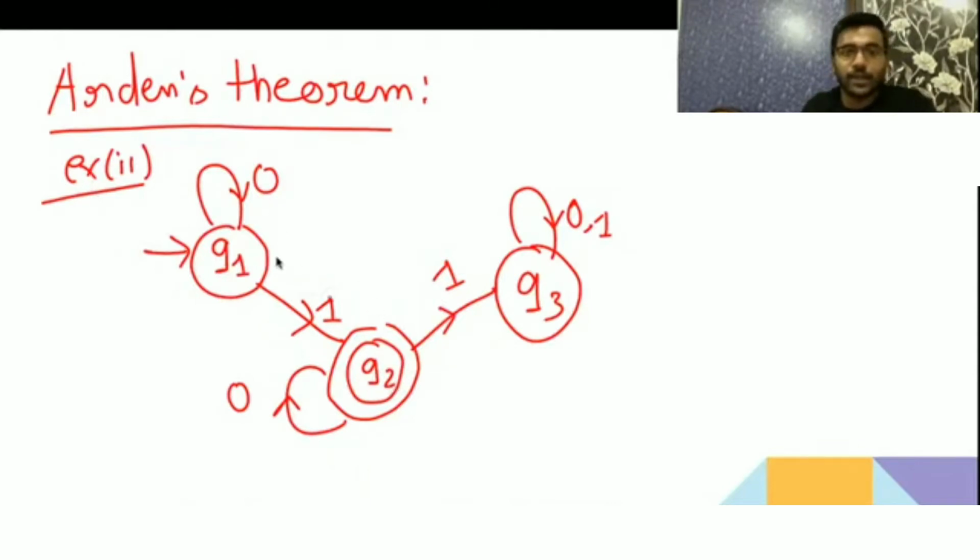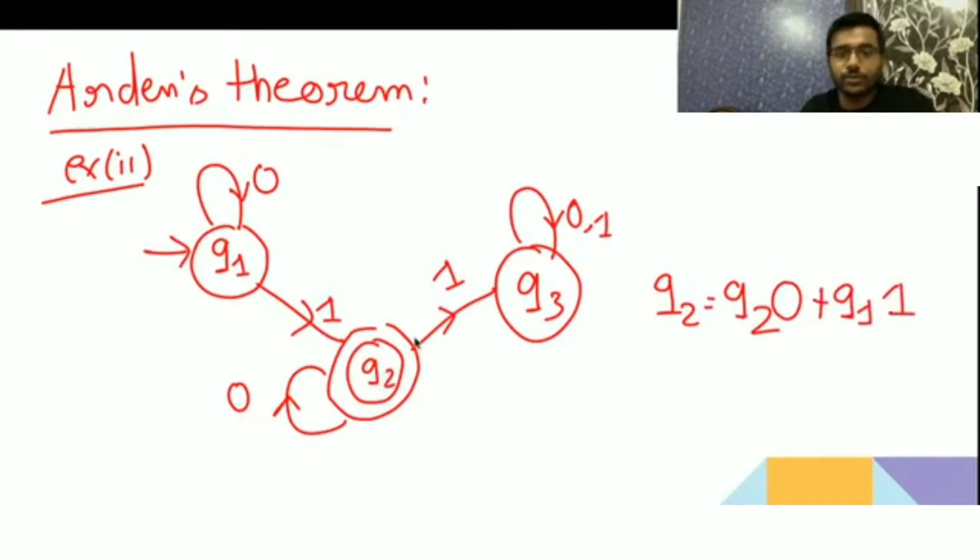Okay. So for Q2, how to reach Q2? Since Q1 is the initial state, you also have to add plus epsilon. Let's see. It goes to Q2 by getting 0, and from Q1 by getting 1.